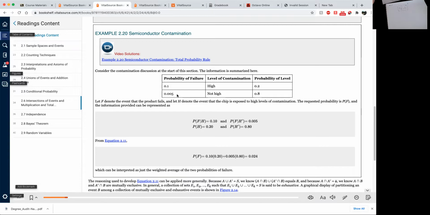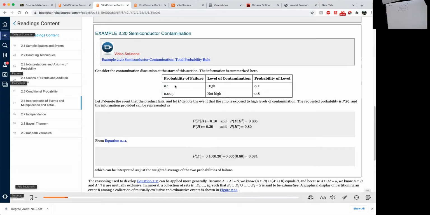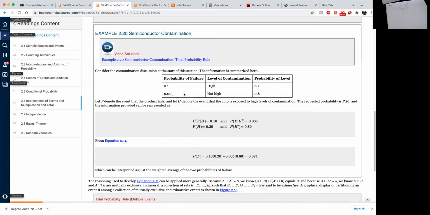No, because what is 0.1? It is not the probability of failure. That 0.1 represents the probability of failure given that the level of contamination is high. So 0.1 is not P of F, actually it is P of F given H, a conditional probability. And the 0.005 is similar: it is P of F given that the level of contamination is not high.